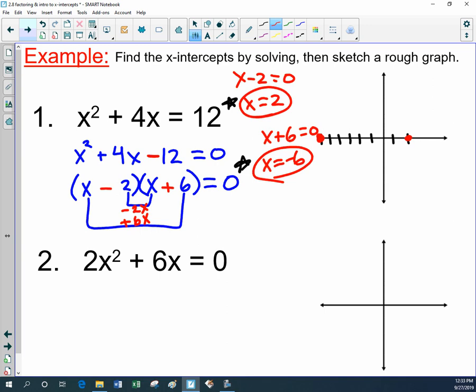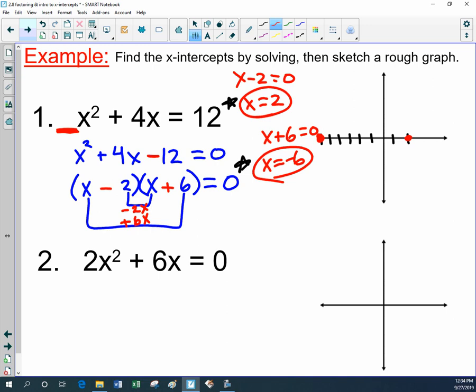These are the 2 points where the graph is going to cross the x-axis. Okay, the next thing I'm going to do is identify, is the graph going to open up or down? It's going to open up because the number in front is positive. So it's going to open up, and then find halfway between these two.